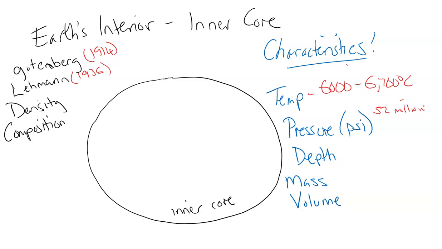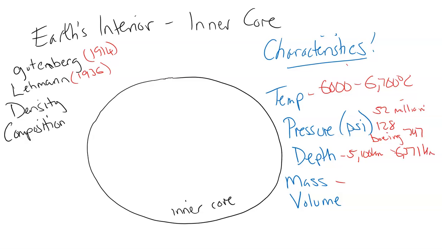That is 128 Boeing 747 jumbo jets pushing down on every square inch of the inner core. That's insane. The depth, you're looking at 5,100 kilometers under the ground to 6,371, or around 3,984 miles.